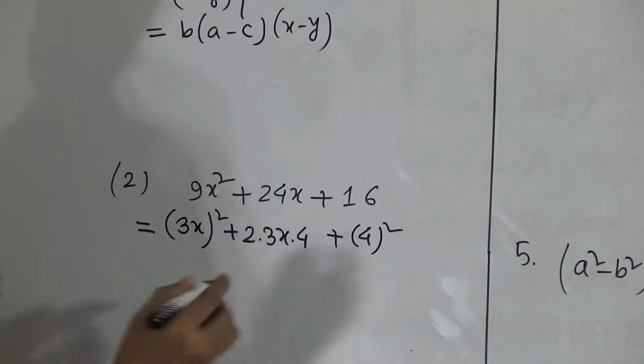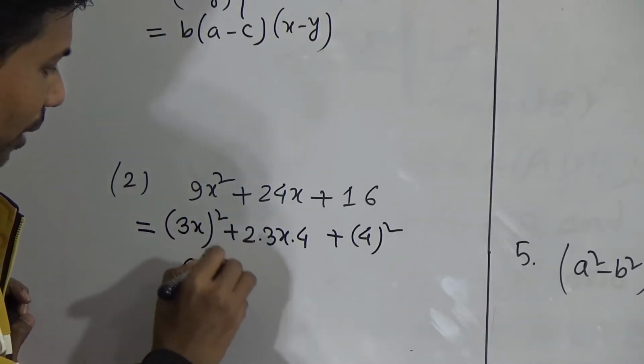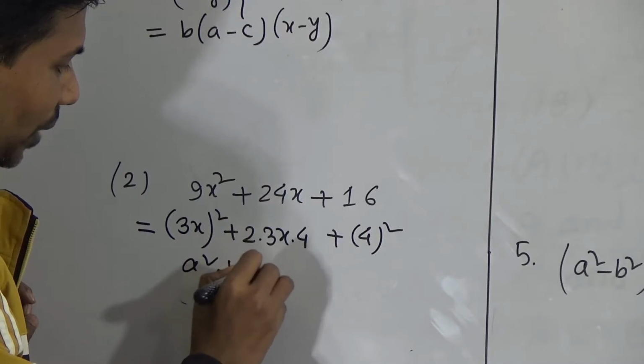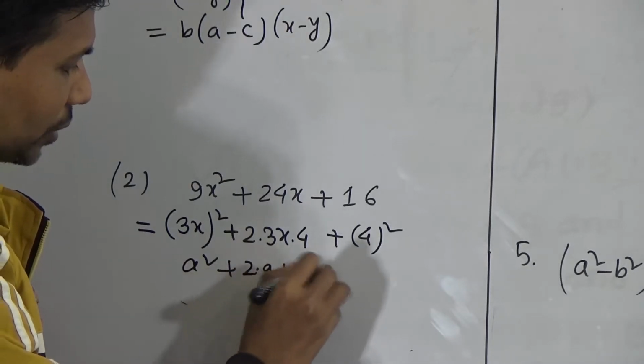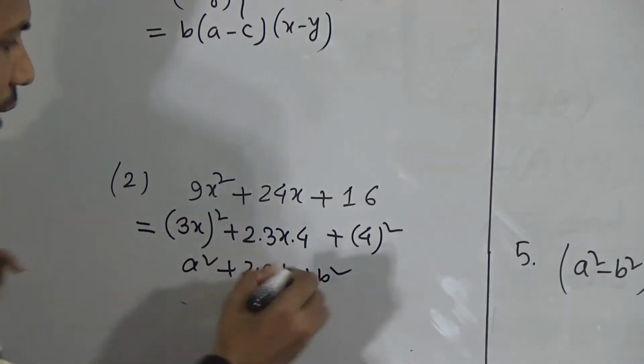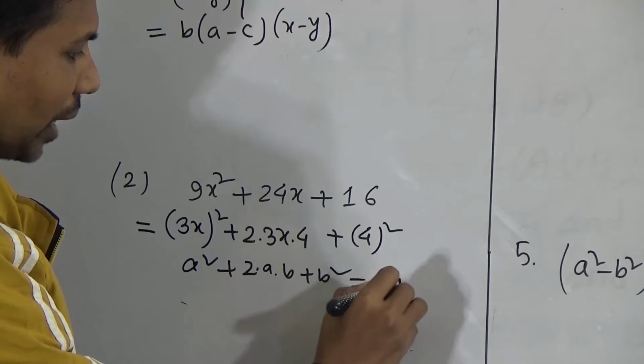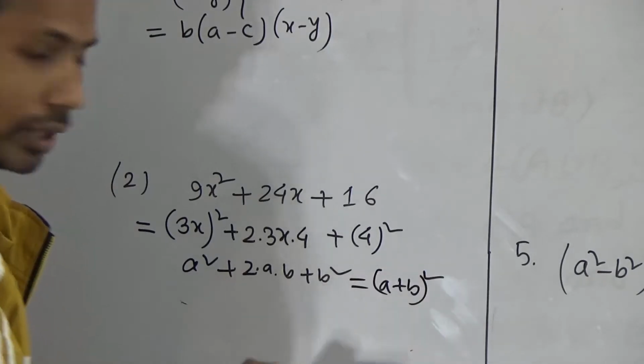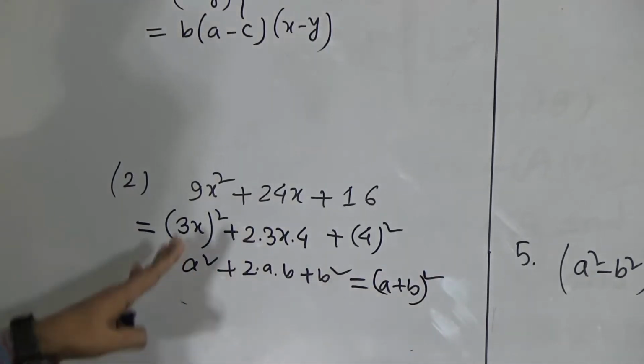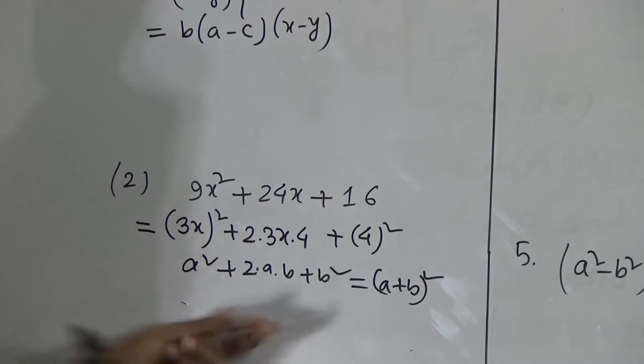Okay. Now we know the formula. This formula is a square plus 2ab plus b square. We know this is equal to what? This is equal to a plus b whole square. Okay. So we have to write this expression this way.